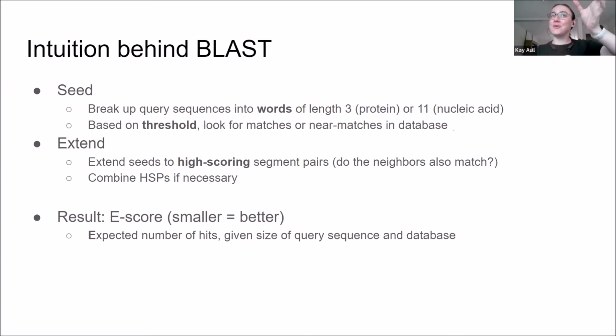It's good if the front part of your sequence binds to something that is near the back part of your sequence. You can extend these together and get a bigger alignment that scores better. And the results that you'll get out of all of this, you'll get your E-score, your expectation score. What is the expected number of hits of this particular quality given the size of your query sequence and the database? How likely is this to have occurred?